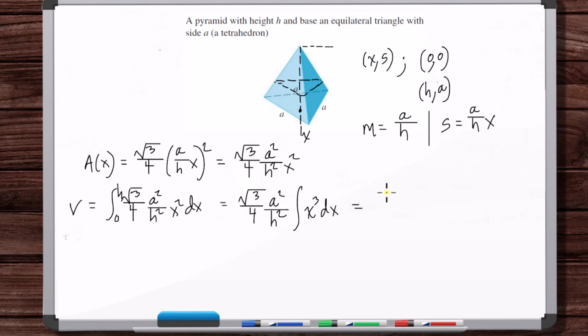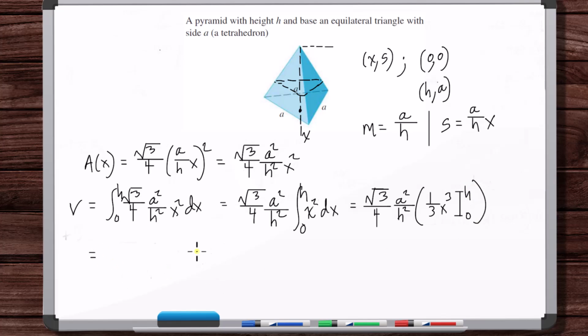All right, so we're evaluating this from 0 to h. This is x squared, so we've got 1/3 x cubed evaluated from 0 to h.